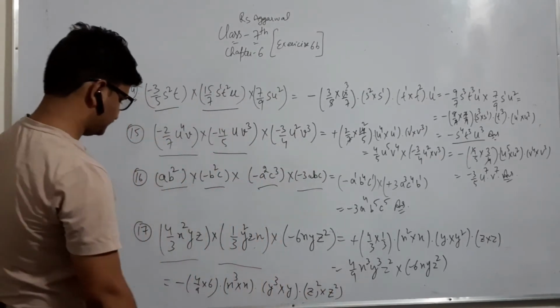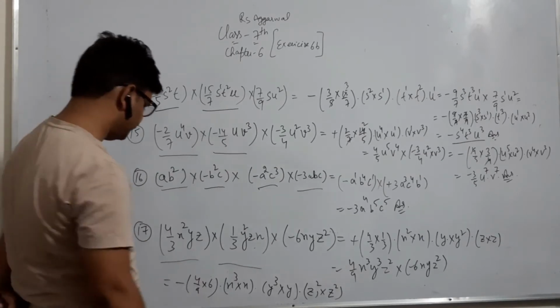Okay, so ये cancel हो जाएगा आपका, 6 4 is 24.